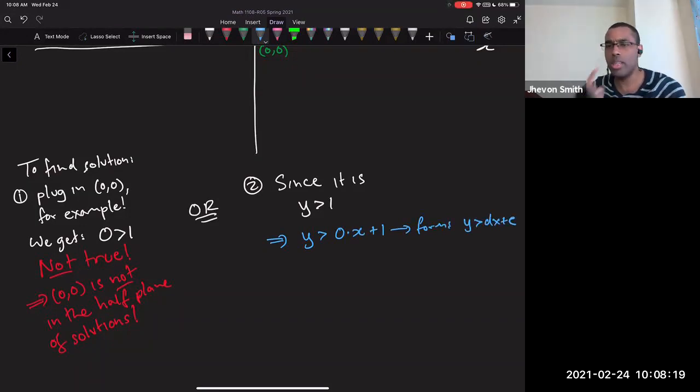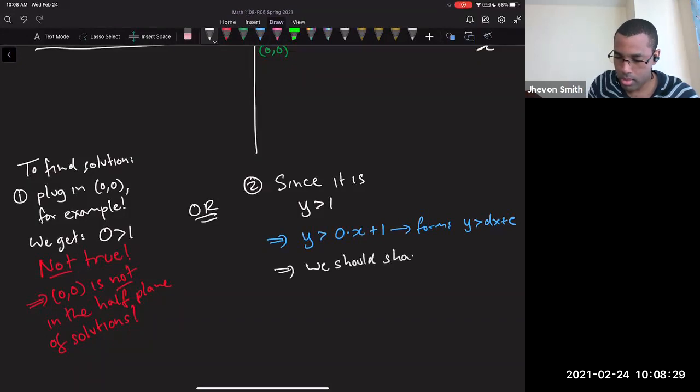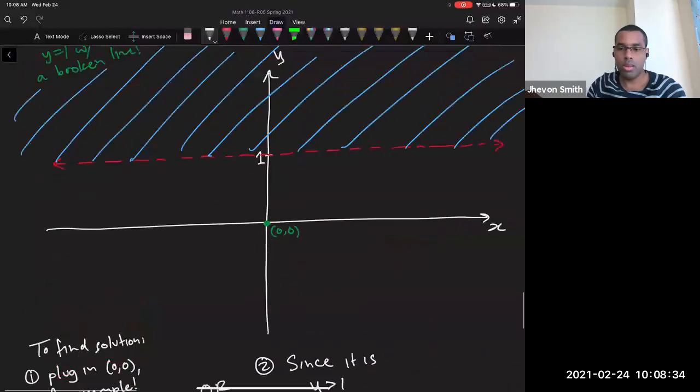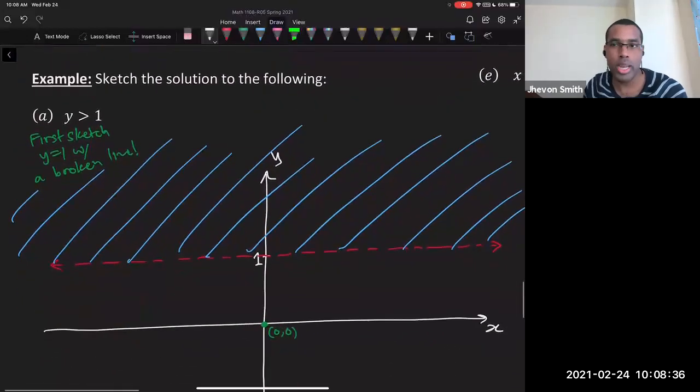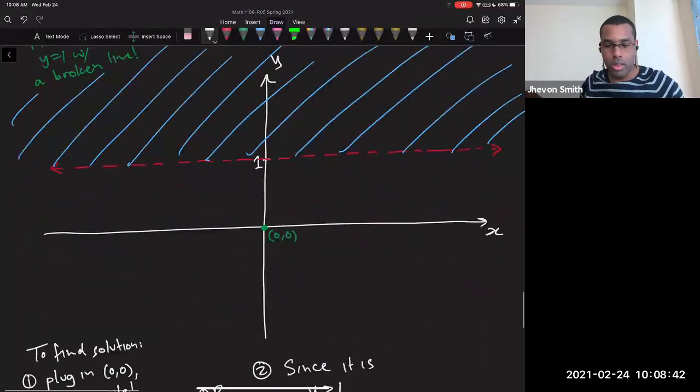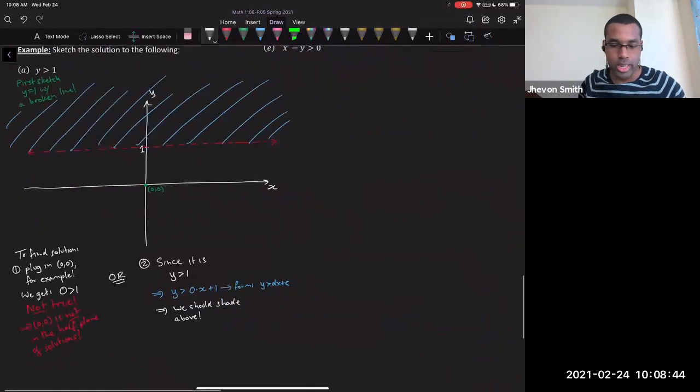Hopefully that's obvious. So I know I should shade above. Okay, which is what I ended up doing anyway. So either way I thought about it, I would have gotten to the right answer. Okay, so there are two ways to actually kind of think about that.